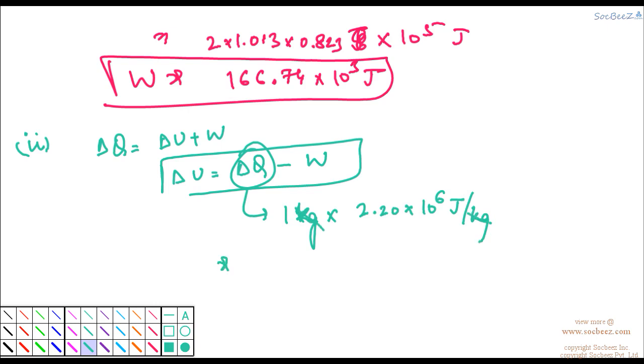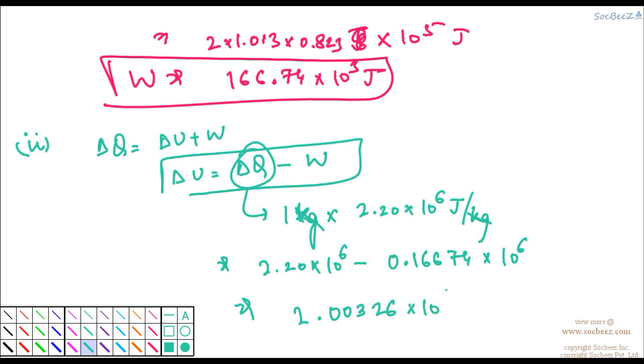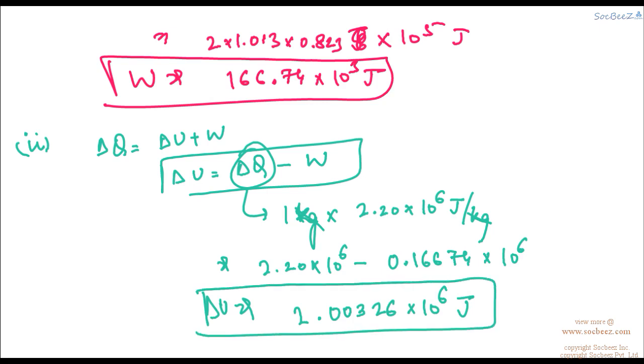So the total energy supplied from outside is 2.20 into 10 raised to power 6, minus the work done by the gas, that is 0.16674 into 10 raised to power 6, which gives us, if you subtract them, 2.00326 into 10 raised to power 6 joules. That is the change in internal energy.